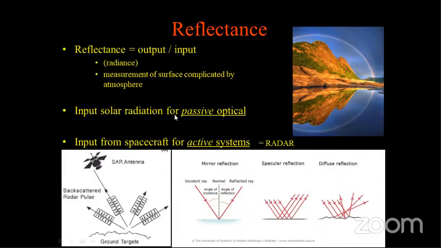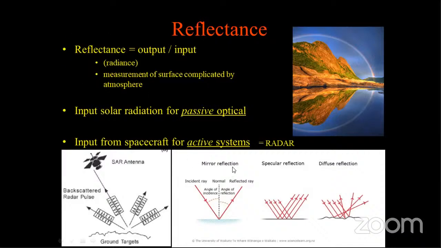Input solar radiation is the source of energy for passive optical remote sensing. So when the source of energy is the sun, this is called passive remote sensing. And when the source is the spacecraft, or the sensor itself, it is called active remote sensing or an active system. Such systems are basically radar. How many types of reflectance are there?